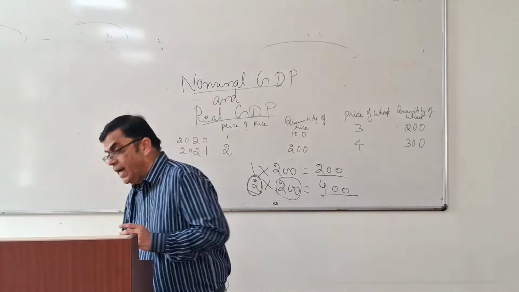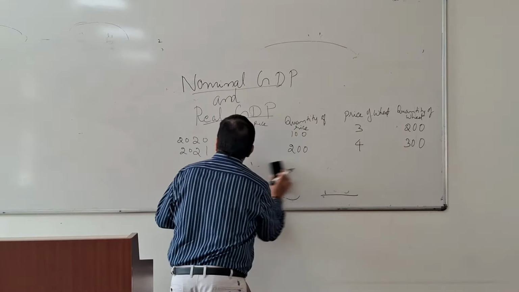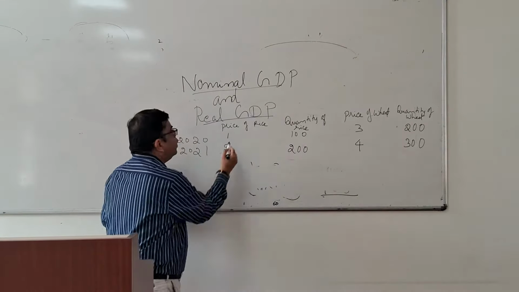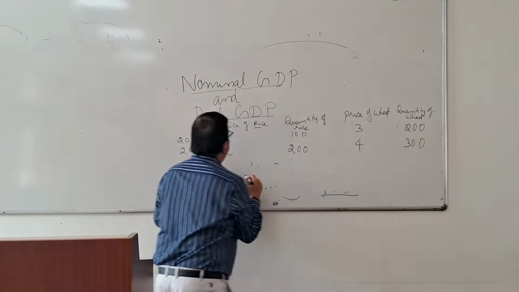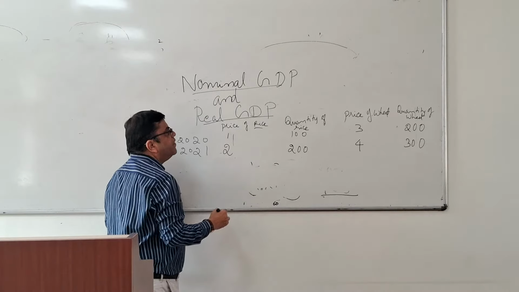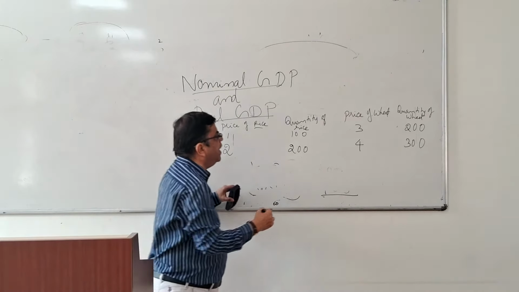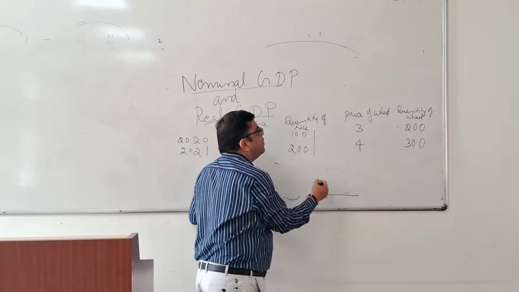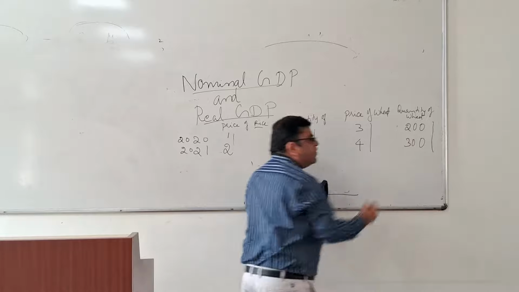How is it done? This example will make it clear. Suppose there are two goods produced in the economy, rice and wheat. The price per unit of rice is given in 2020 and 2021, say, and the quantity of rice is given, and the price of wheat is given, and the quantity of wheat is given.